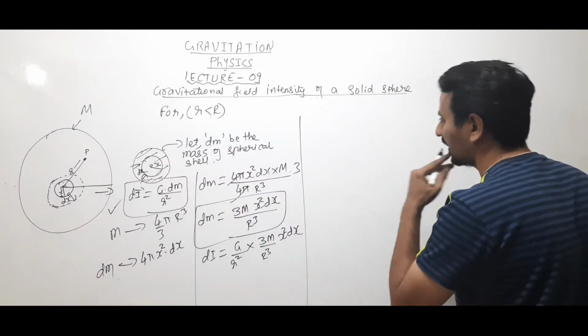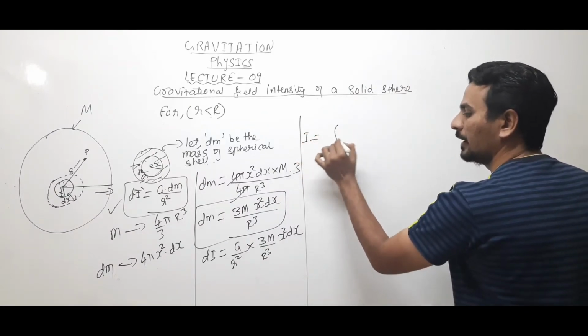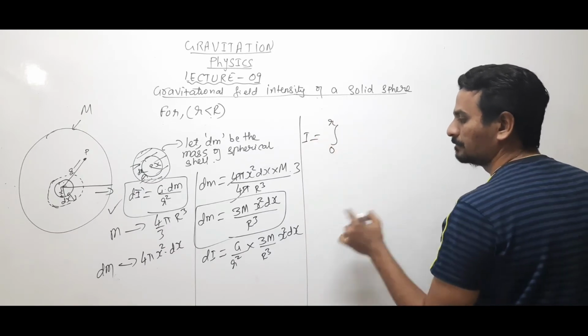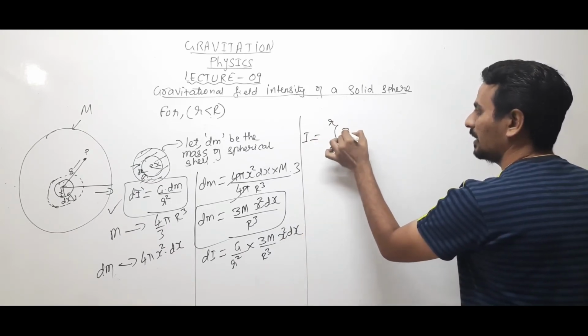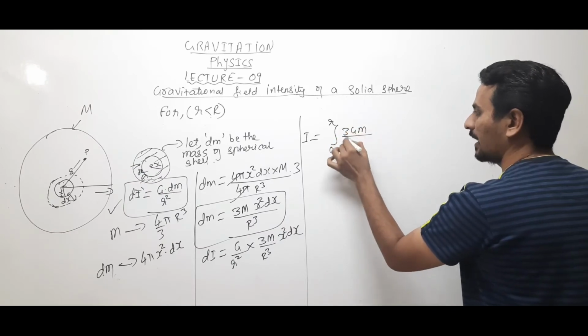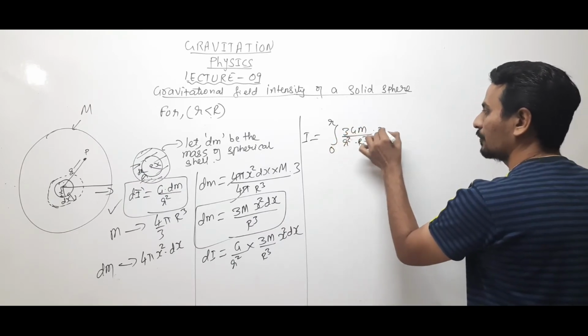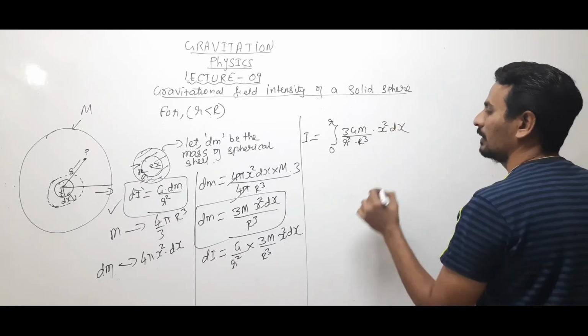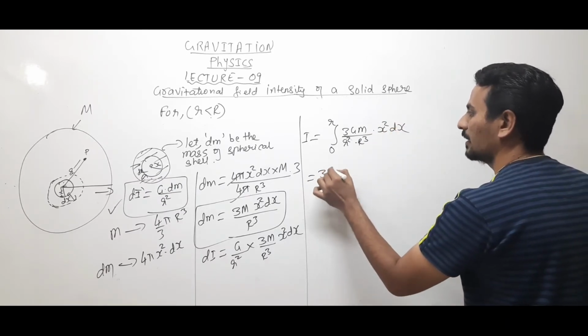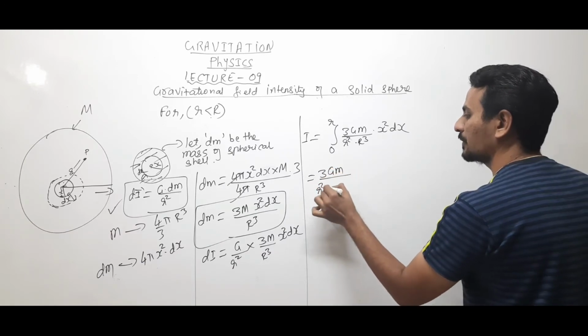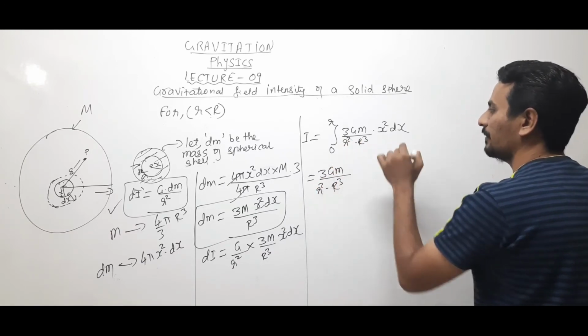Intensity I is obtained by integrating dI from 0 to r, which is 3GM upon r square R cube into the integral of x square dx.